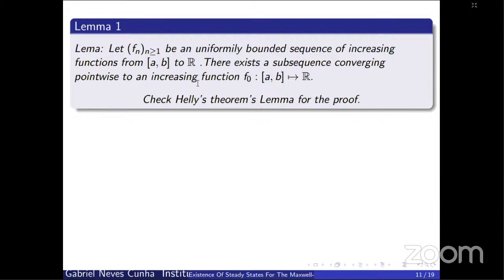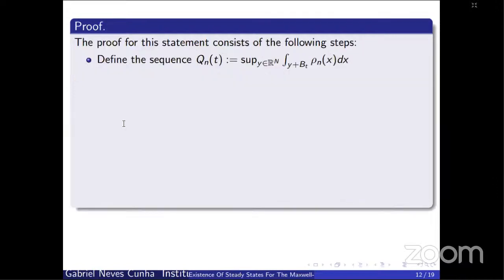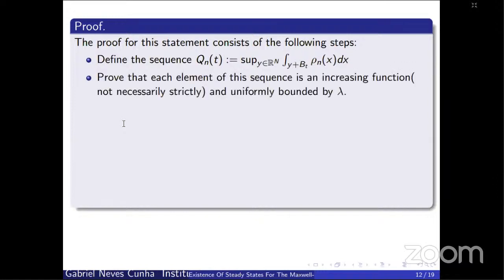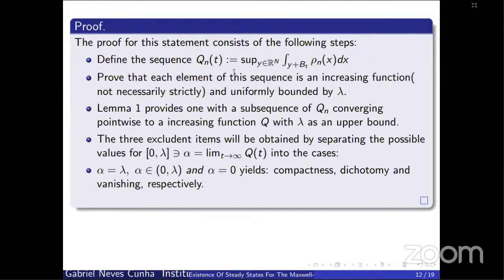To prove Lions' lemma, they define this sequence of functions. We show these functions fit the hypotheses of Helly's lemma, so we get a subsequence that converges pointwise to an increasing function, which we call k.